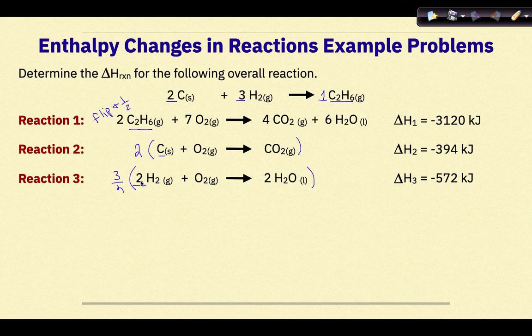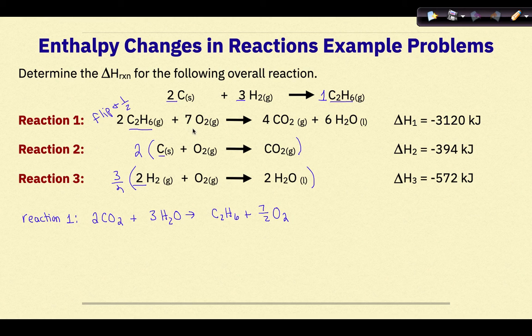So let's get started. I'm going to rewrite reaction 1 flipped and cut in half. Let's look at how I rewrote reaction 1. Originally, we had 4 moles of carbon dioxide. Now we have 2 moles of carbon dioxide. 6 moles of water, 3 moles of water. 2 moles of C2H6, now only 1 mole of C2H6.